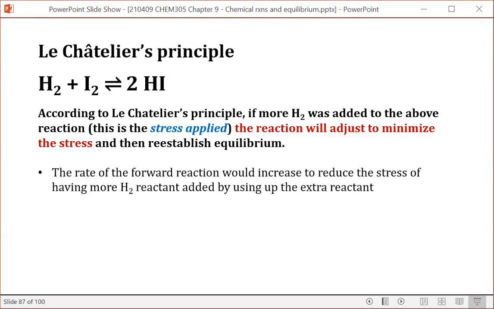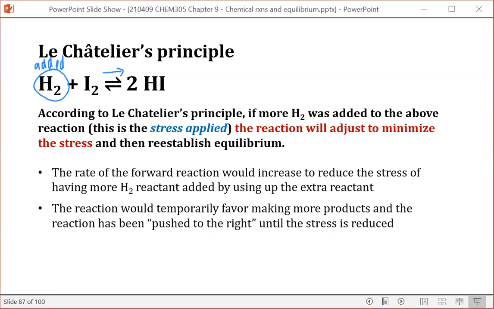So if we added more H2, the rate of the forward reaction is going to increase to reduce the stress of having more H2 added. The forward reaction picks up speed. It's going to use up this excess or added H2 faster to alleviate the stress or get rid of it.